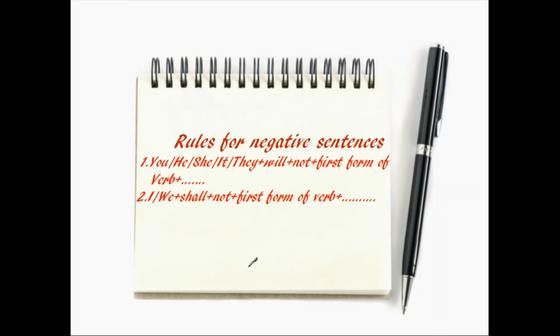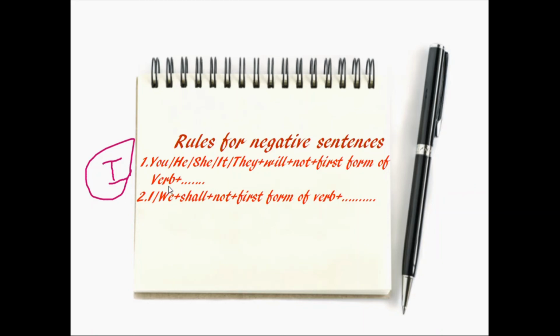Second one, I or we plus shall. Always remember that for I or we, you always have to use shall. This is a rule you have to remember. For everything else, that is second and third person, you have to use will, and for the first person, you have to use shall. Okay, guys.